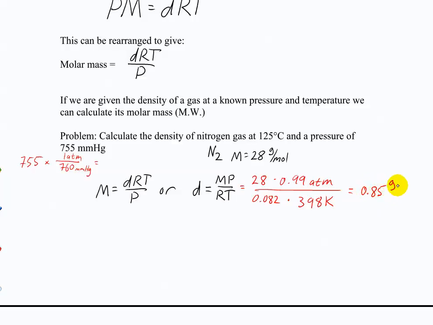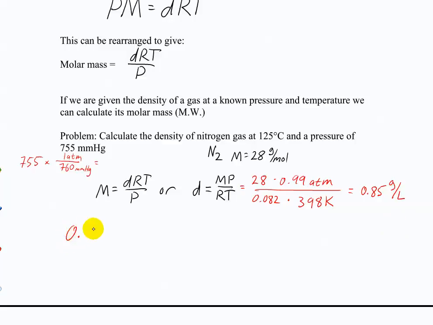Now be careful here. This is grams per liter, which is a measure of density, that's fine, but what do we usually report that in? Milliliters, right? Or cubic centimeters.